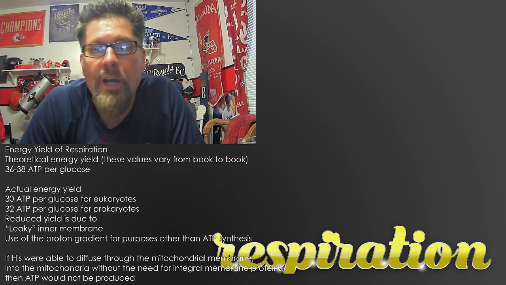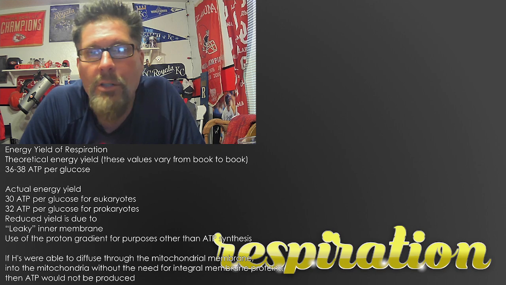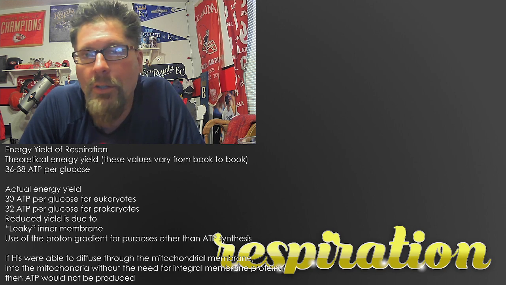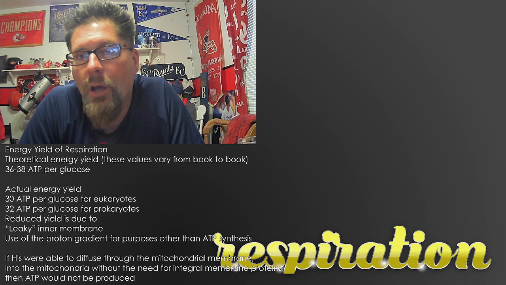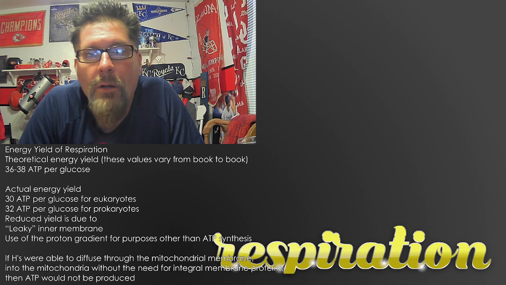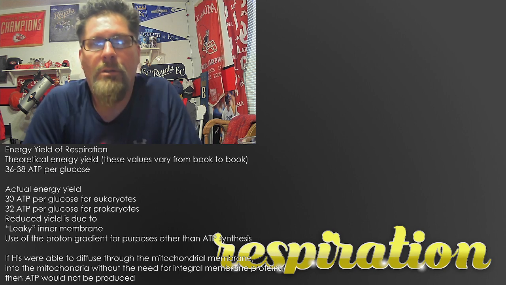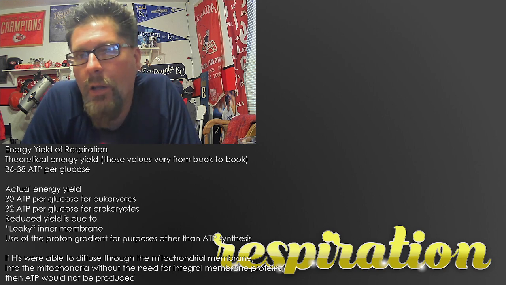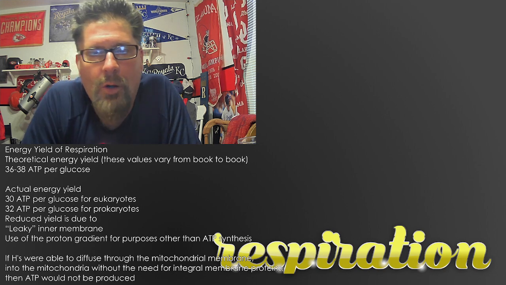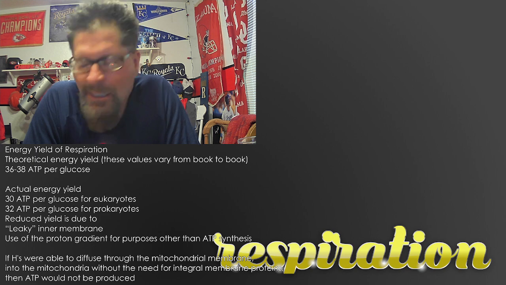Alright, so these next couple of slides and screens, we're going to talk about these big yield numbers. Now, everywhere, if you look around at different textbooks and websites and whatever, you will see different numbers for the net result, or the grand total of ATP production.